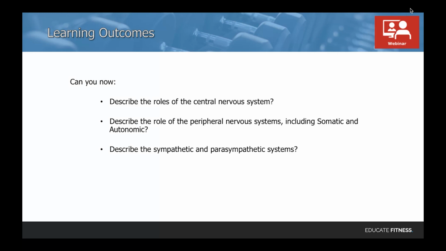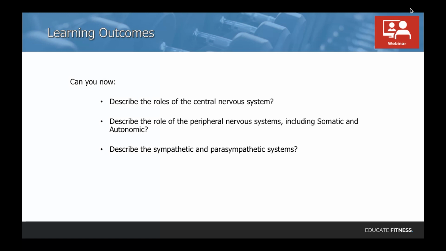Your peripheral nervous system will receive sensory messages from either inside or maybe outside of your body, send those messages up to your brain, and then once the brain has analyzed it, it's going to send the correct motor response. So potential movement will take place after that.